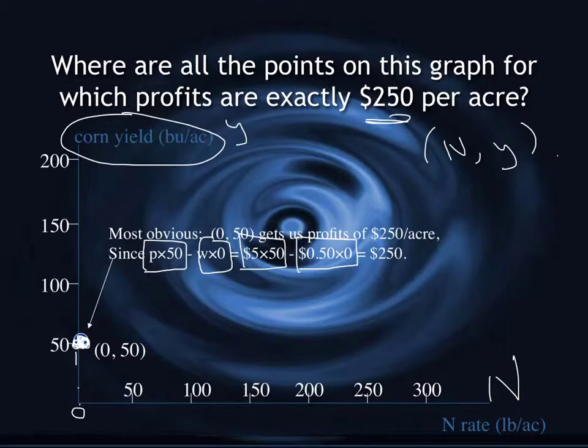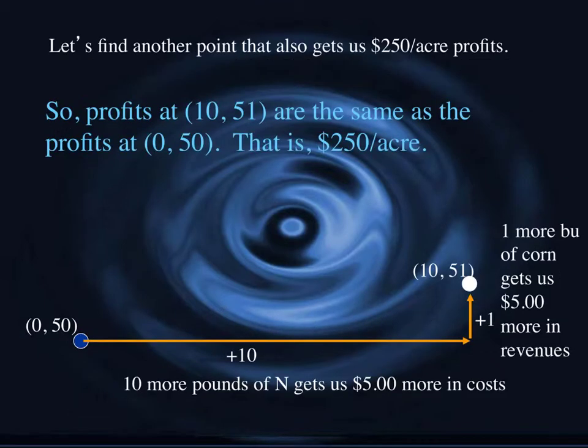And so your profits then are 5 times 50, which is $250. So here is one point. The point is (0, 50), and at that point, profits are $250 per acre.